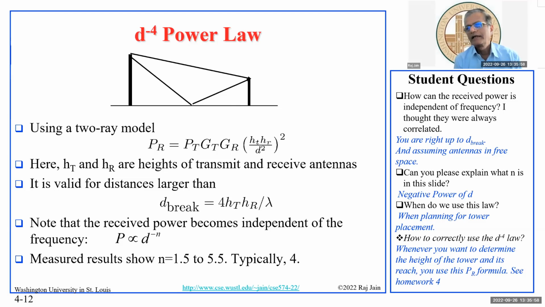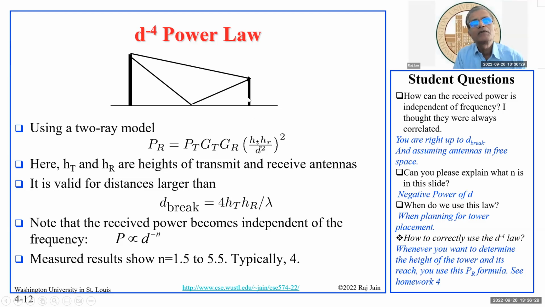Okay. And a lot of such surveys have been combined and published. And so the number varies from 1.5 to 5.5. Okay. So this is what is done. Also to determine the tower height, if you need to cover a very large distance, then the tower height, HT, should be large, then it can go to large D. HR, receiver height, is fixed.